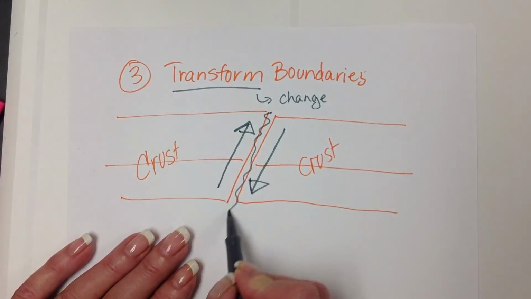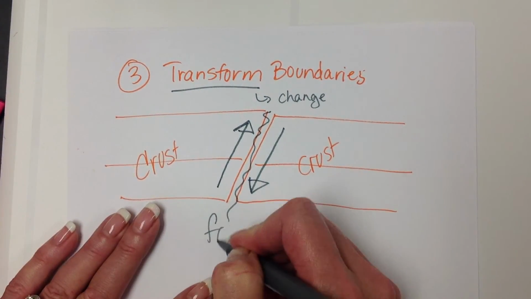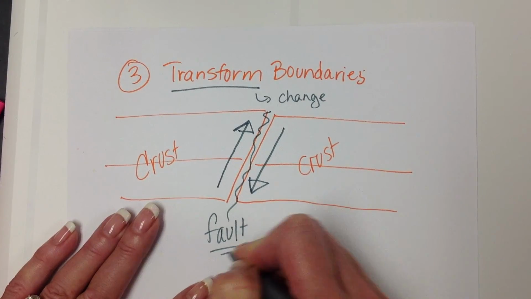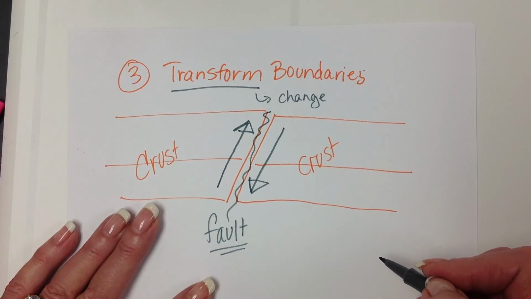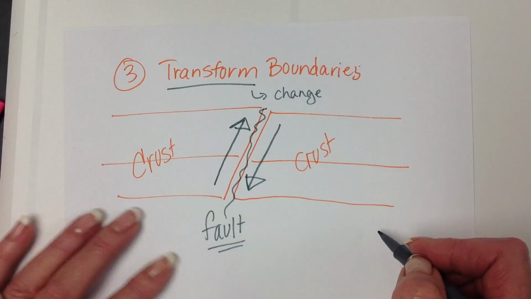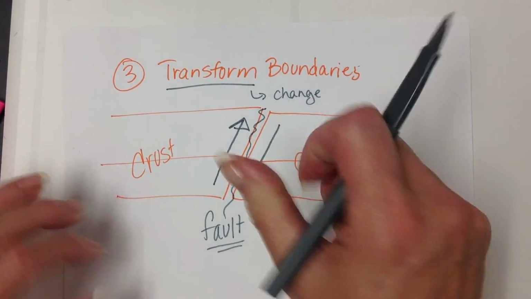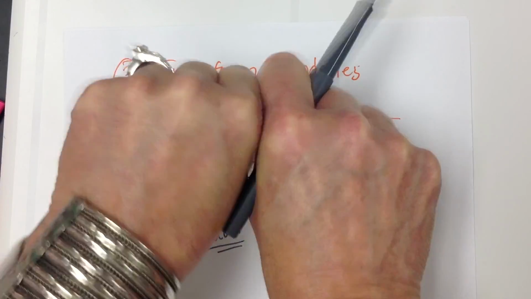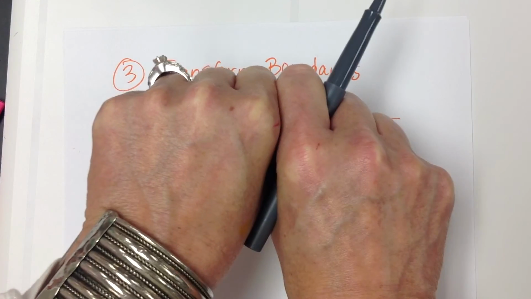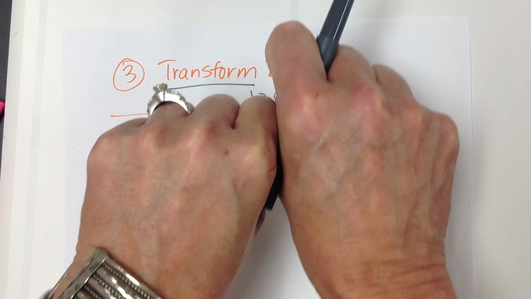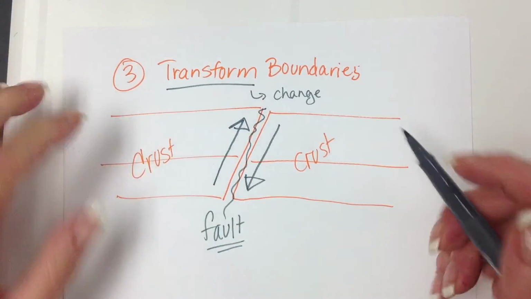Well, you're going to have a big crack in the middle, obviously. That crack would be called a fault. Right? And as these two plates just stress and they're tight together, huge rock layers, and when they finally do break apart, all that tension and stress is relieved.